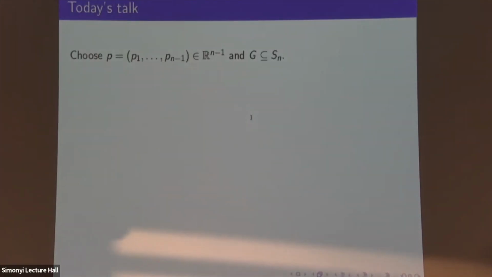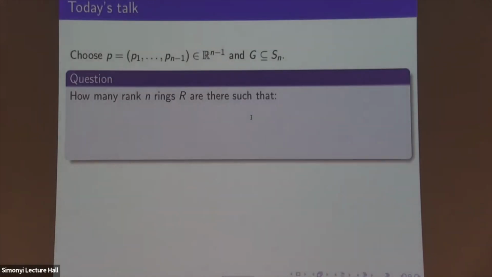So what I want to talk about today is the following problem. We pick a point, P1 through Pn minus 1, in R^(n-1). So we pick n minus 1 real numbers, and we pick a permutation group G, a subgroup of Sn. And I want to ask the following question.